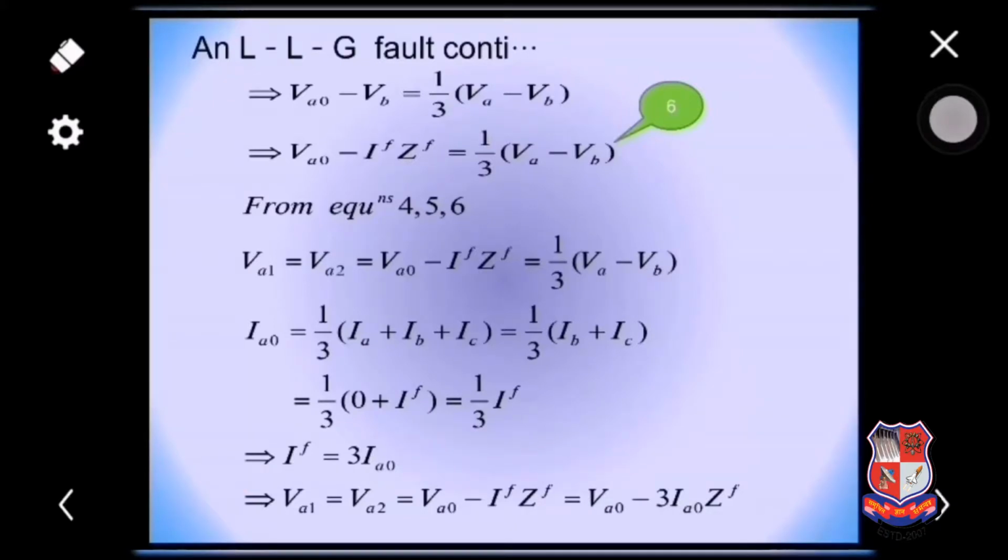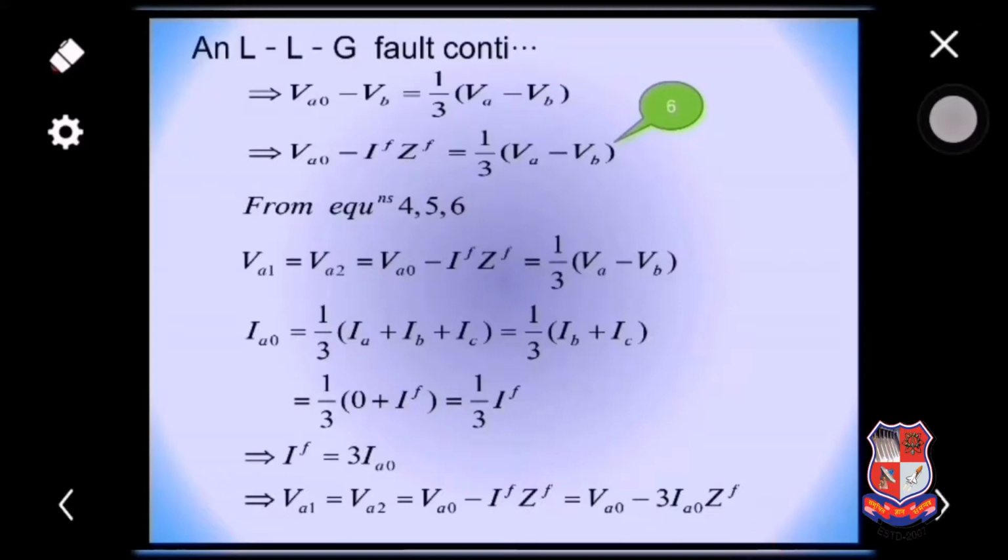Now put the value of the fault current from this equation into this equation. So at last we have a very important relationship, and that is VA1 equal to VA2 equal to VA0 minus IF into ZF, or I can state VA0 minus 3 times IA0 into ZF.